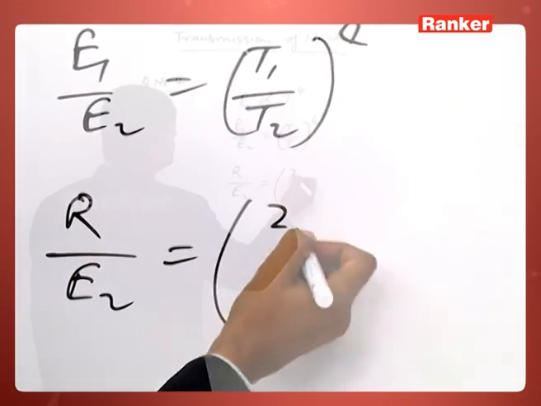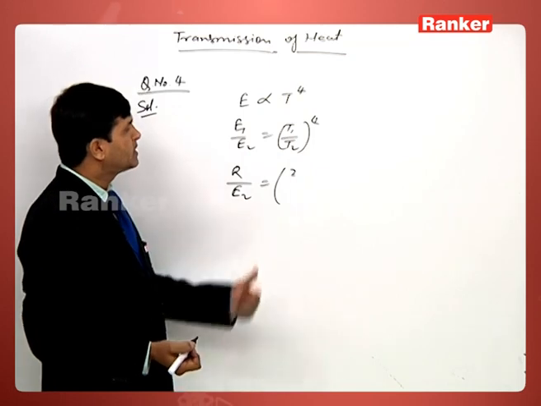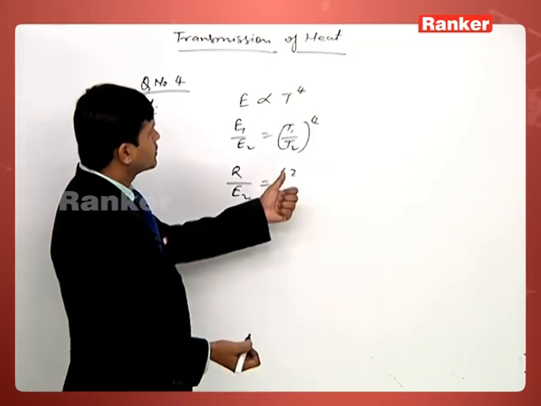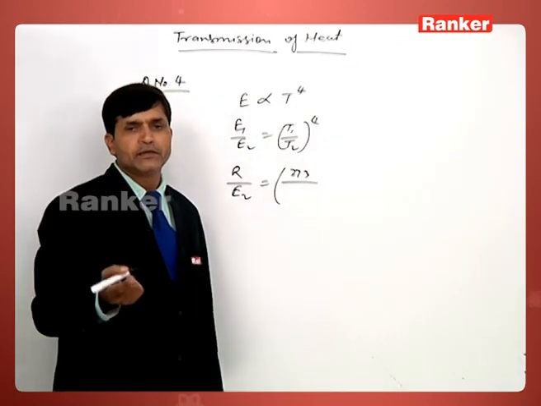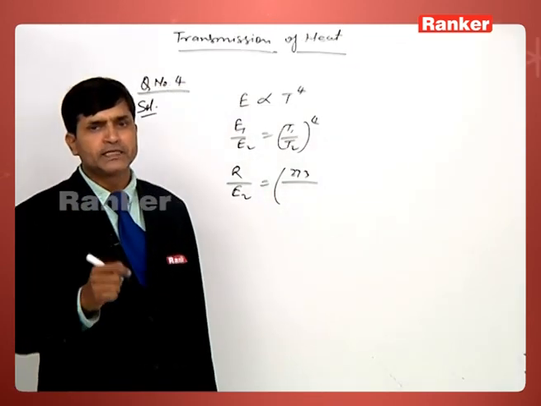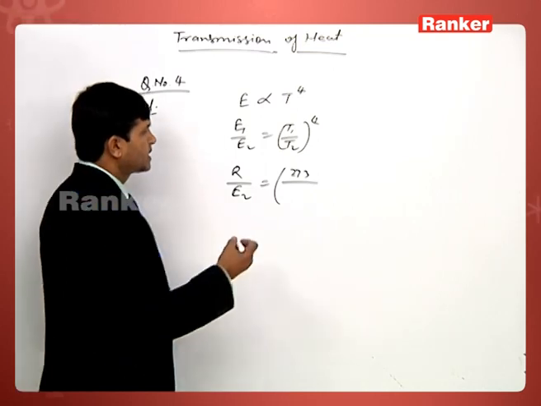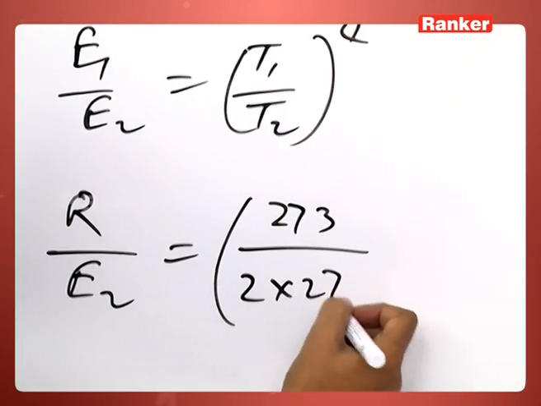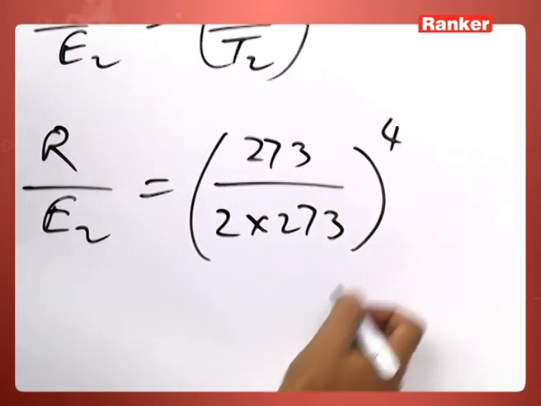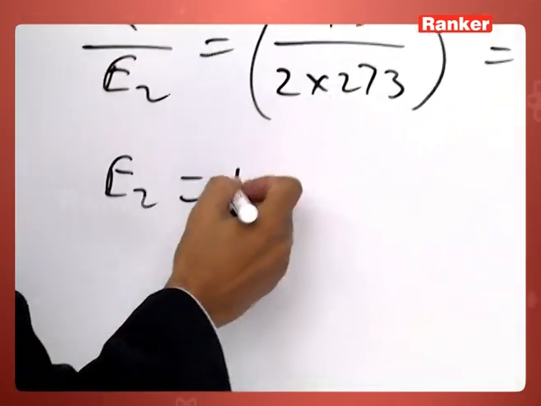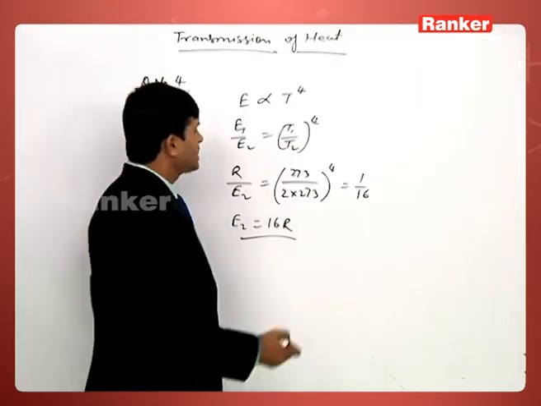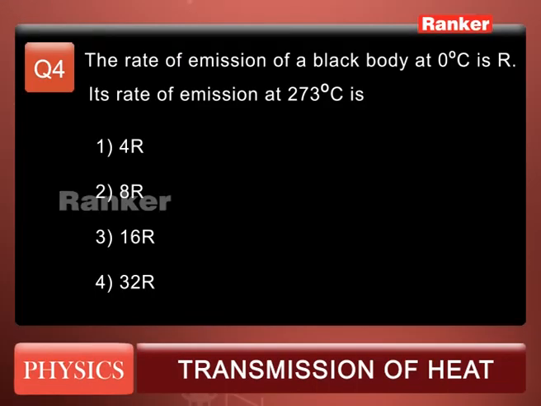Initial temperature is 0 degrees Celsius, so 273 Kelvin, and then T2 is given 273 degrees Celsius, so 273 plus 273, so 2 into 273 whole to the power 4. So this is 1 by 16. So E2 is equal to 16R. So the correct option is option number 3.